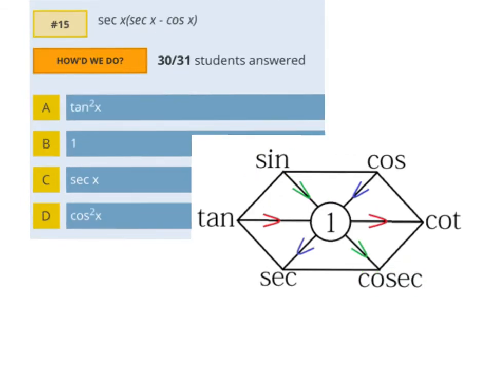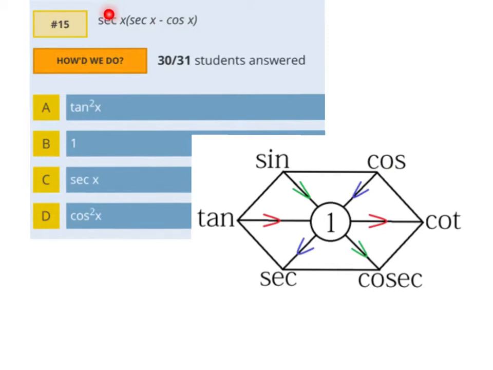Okay, if I try the hexagon first on this one, secant minus cosine, secant subtract cosine. The only subtraction rules we have are Pythagorean. For one thing, those are not squared, and secant and cosine multiply to be 1, but they don't subtract to be 1. So we need another strategy on this one.